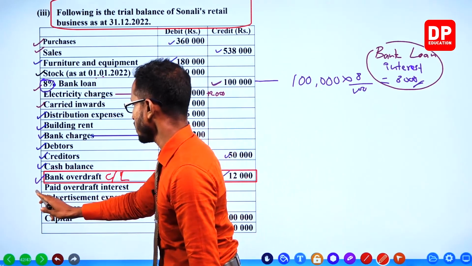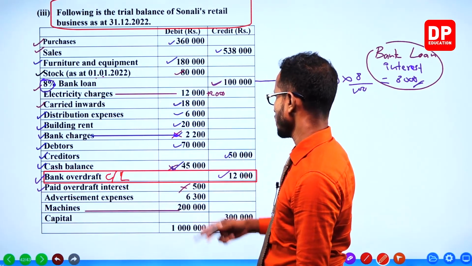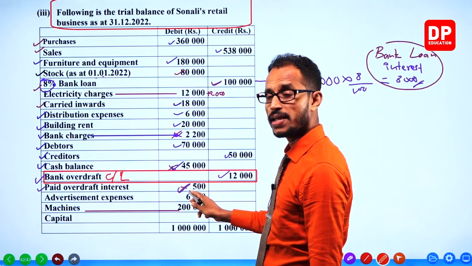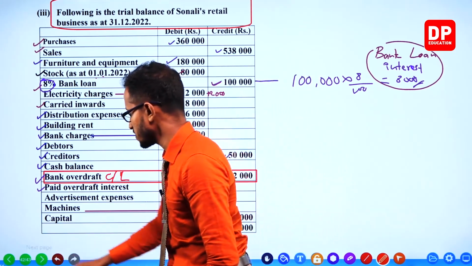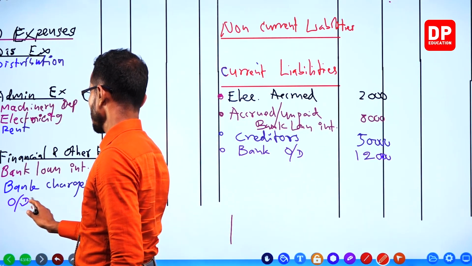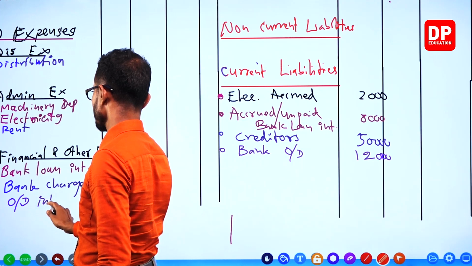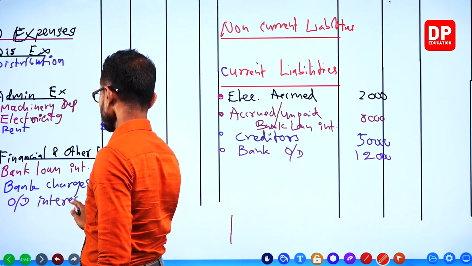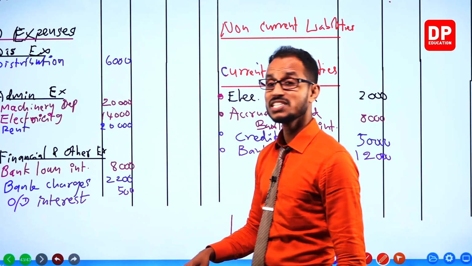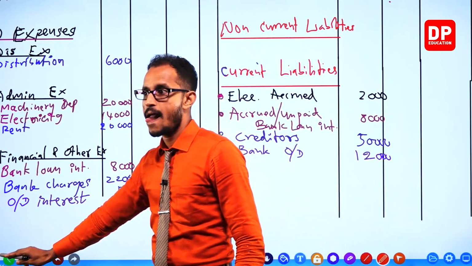Still paid overdraft interest 500. Paid expense because it's interest and it is paid, it's OD interest 500 under financial expenses.